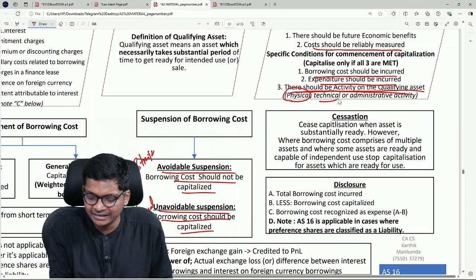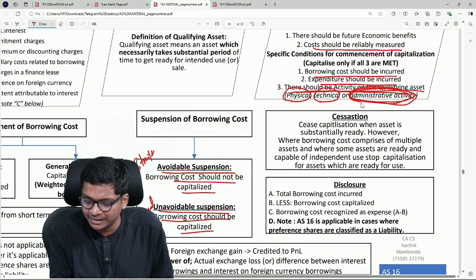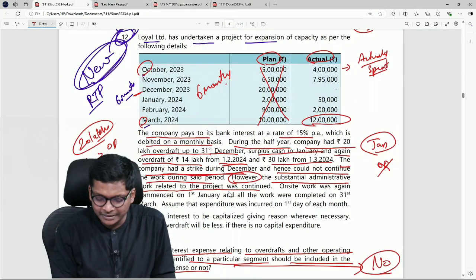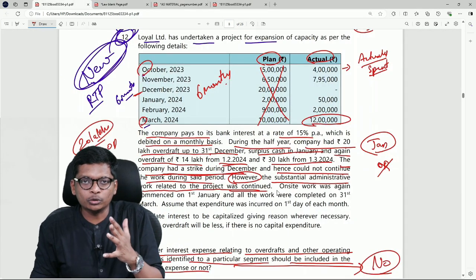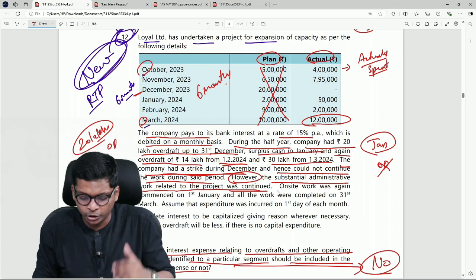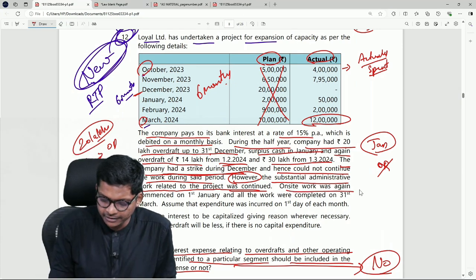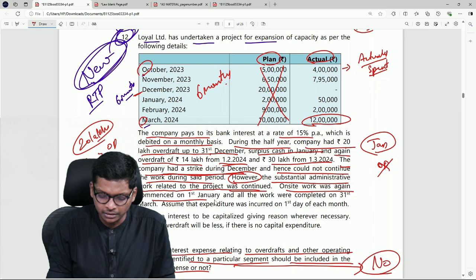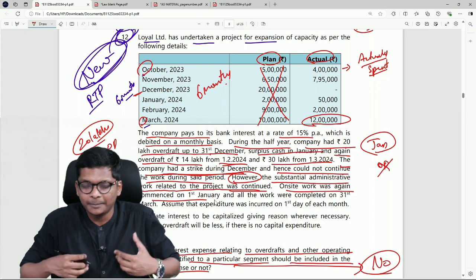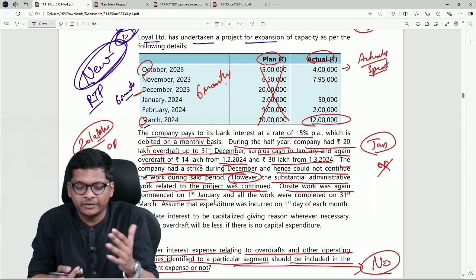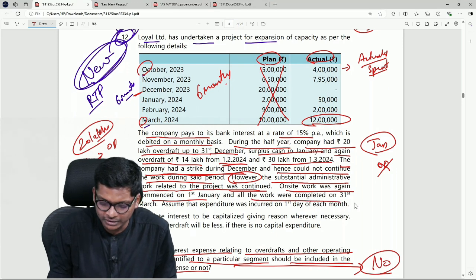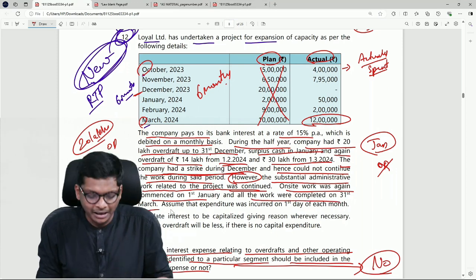It can be physical, technical or administrative. So because administrative activity is there, no need to suspend borrowing cost; you can continue. On-site work was again commenced on 1st Jan. After December there was a halt, but it does not matter here because admin activity was going on, and all the work was completed on 31st of March.